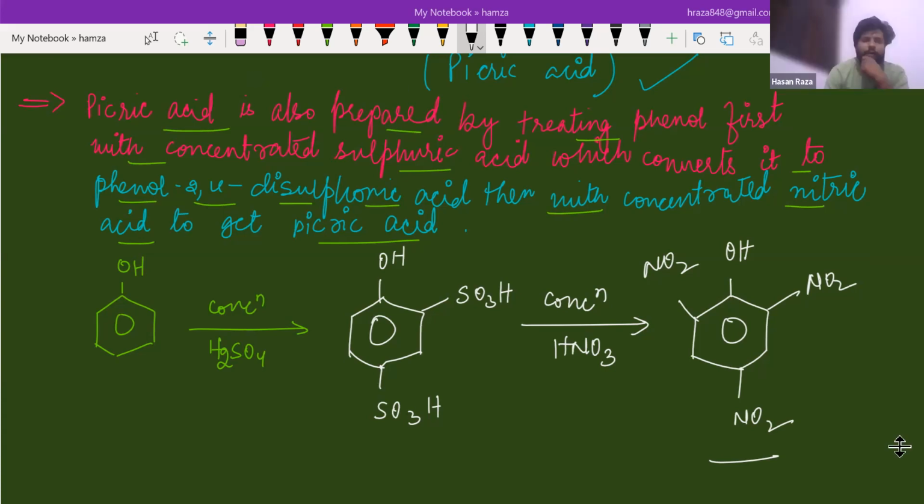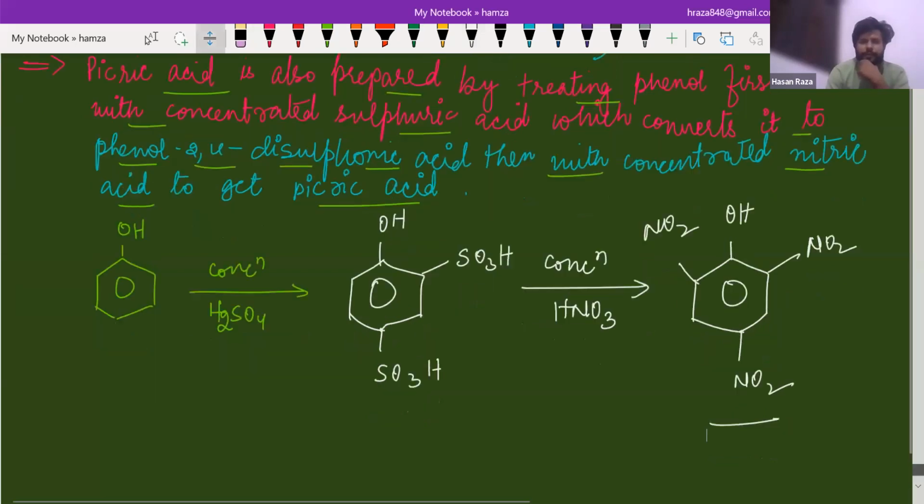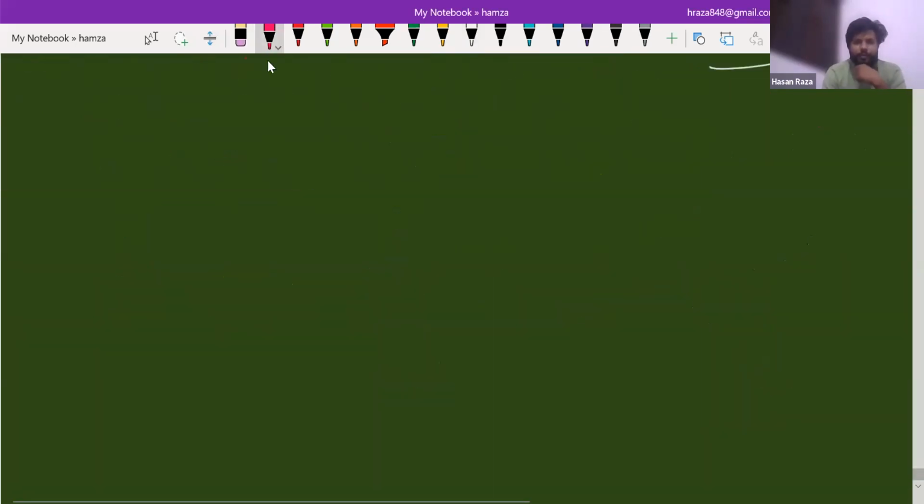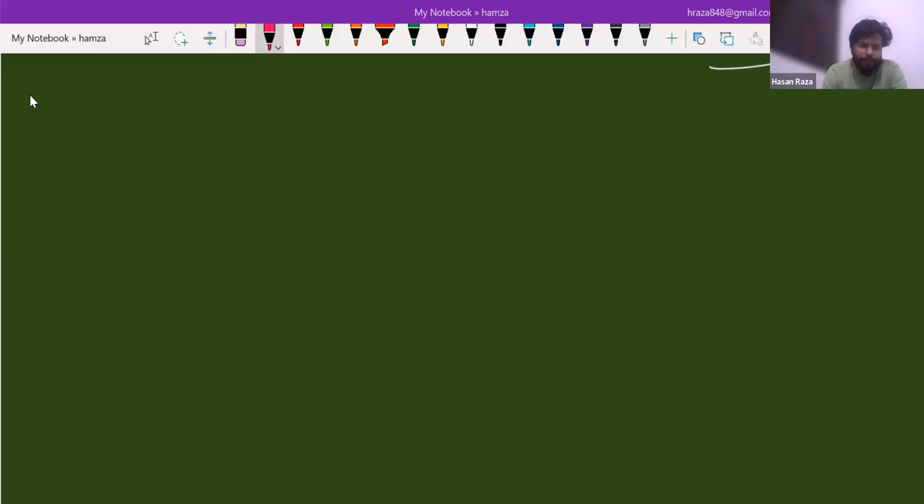Now come to the next chemical reaction. That is basically bromination, or you can say halogenation. With the term, we are aware that halogenation means addition of halogen.